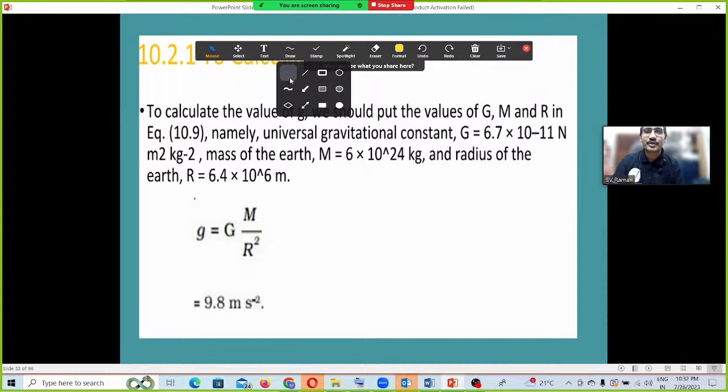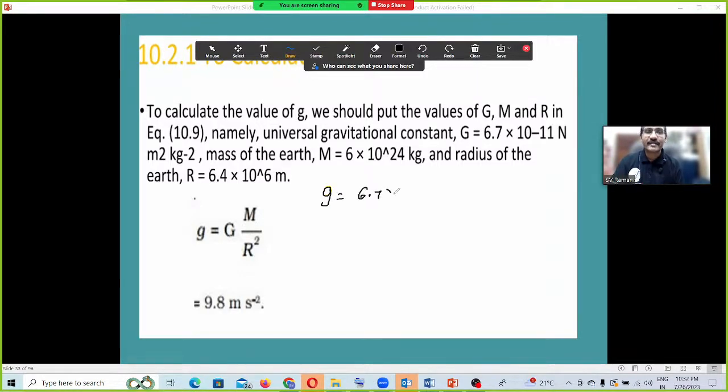So after substitution, g = 6.7 × 10^-11 into M, the mass of earth, 6 × 10^24, divided by the radius of earth 6.4 × 10^6 whole squared. So doing this, we get g = 9.8 meters per second squared.